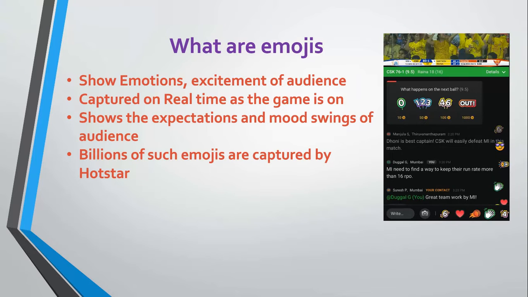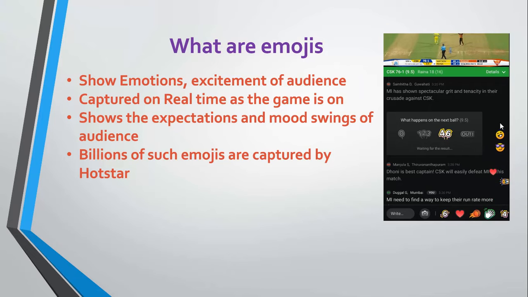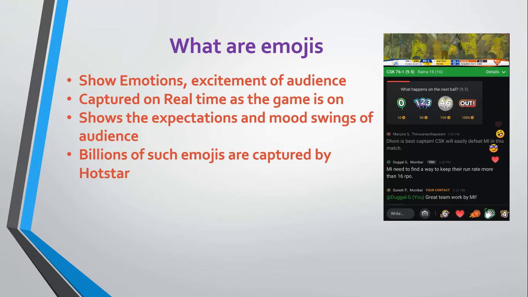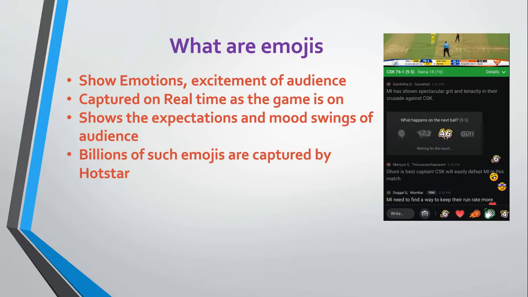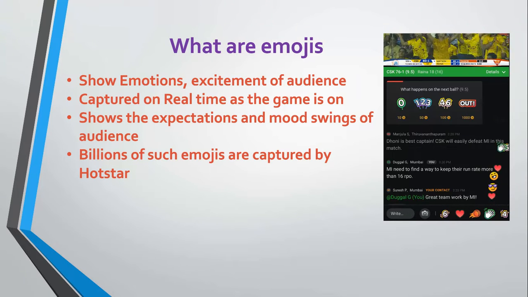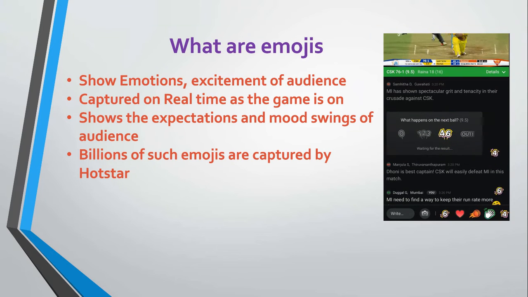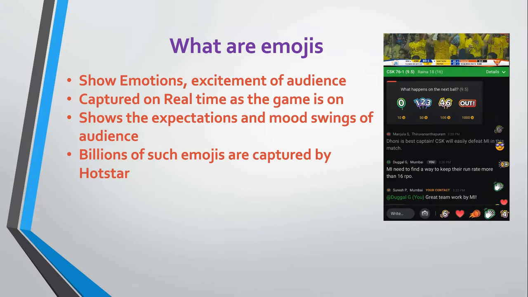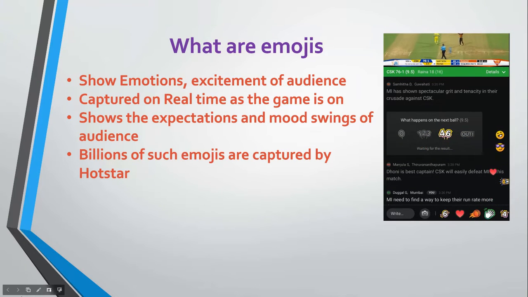So we have to capture it in real time, and as soon as possible it has to be sent back to the interface, to the Hotstar app, right? So basically Hotstar captures billions of such emojis and processes them. Let us see what the technological stack looks like and how exactly they are able to achieve this.